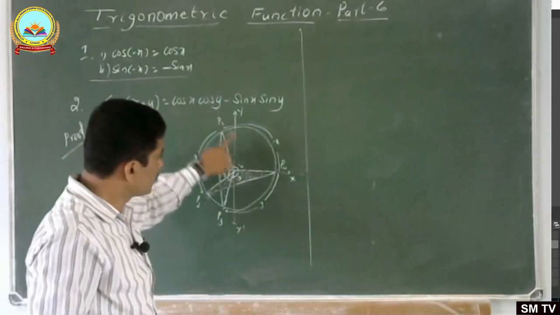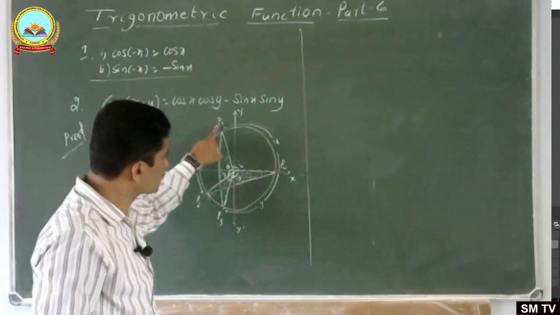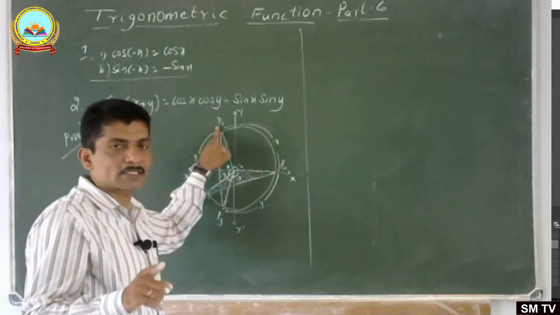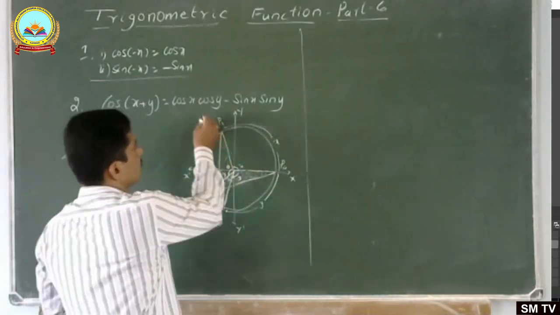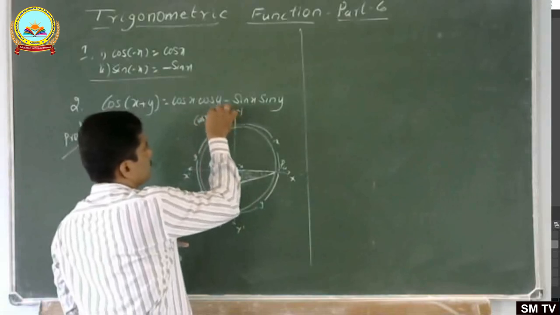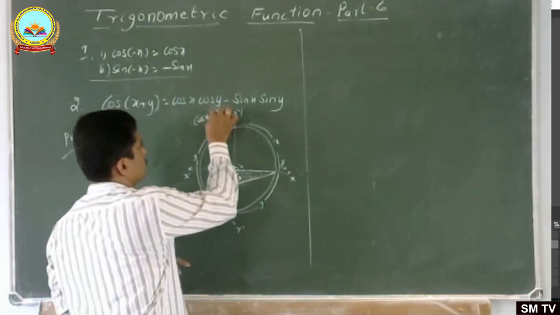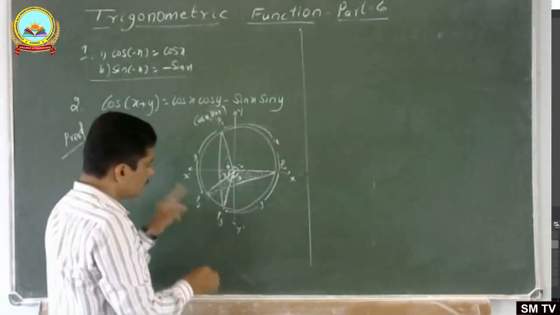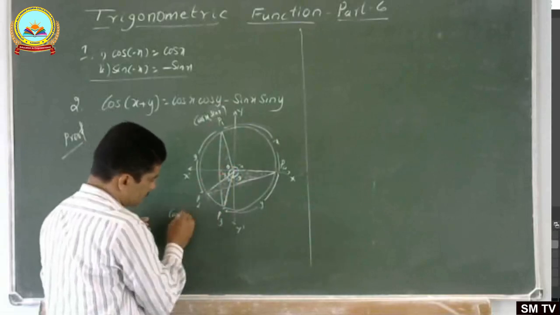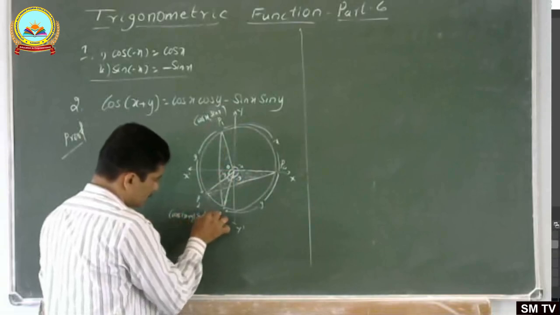And remember, the angle P1OP4 is x unit means any point on the unit circle is always represented by cos x comma sin x. Therefore, the coordinate of P1 is cos x comma sin x. The coordinate of P2 is cos of x plus y comma sin of x plus y.